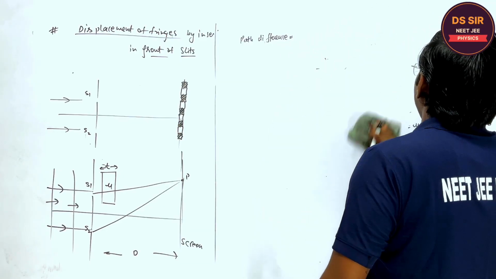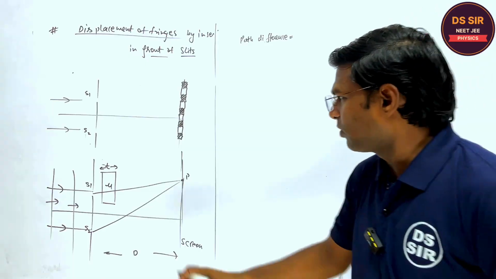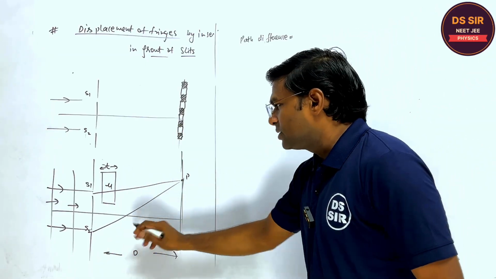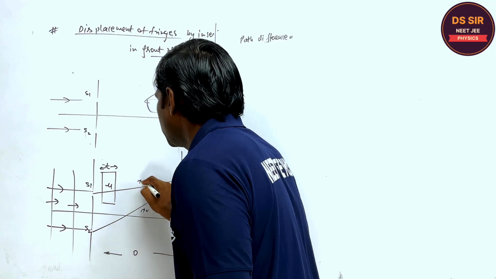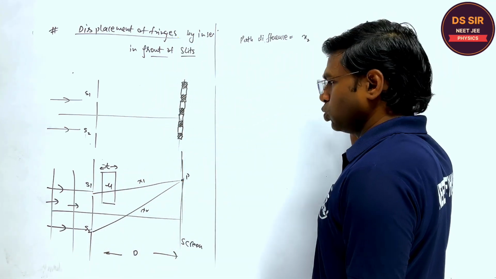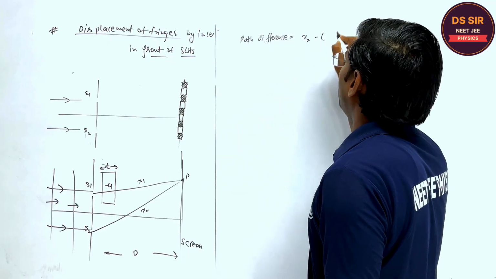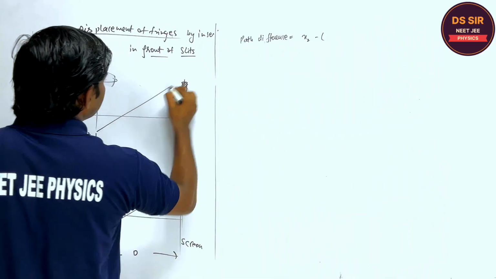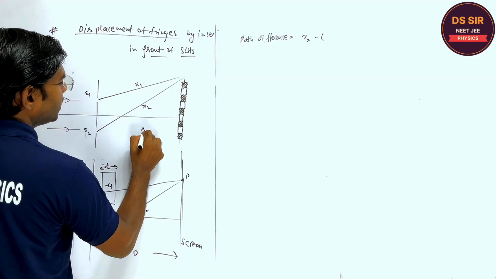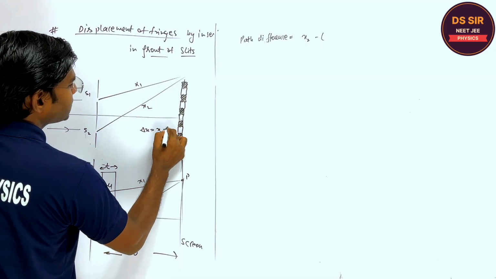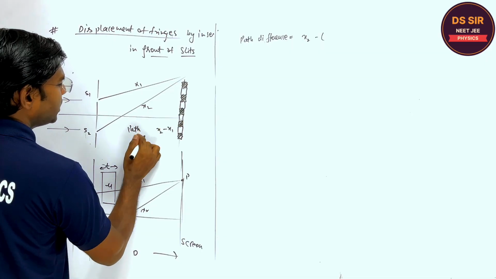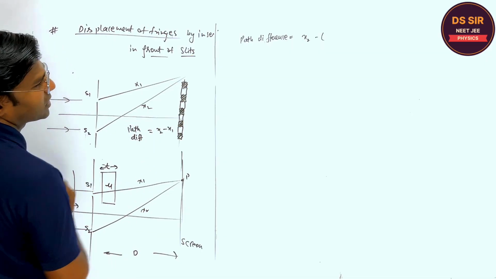Listen, one light is coming from S1 and the other from S2. Suppose these are x2 and x1. If it was air, the path difference would be x2 minus x1.